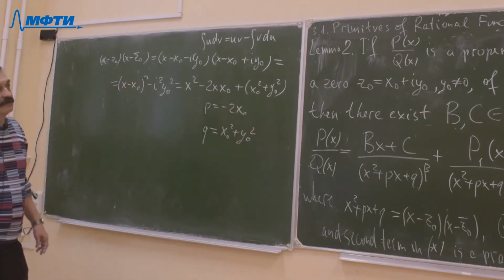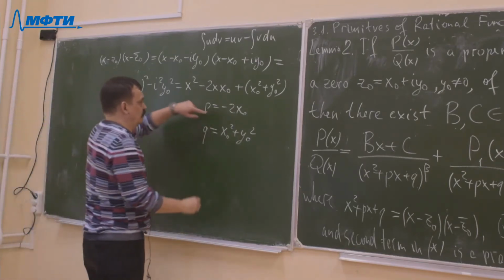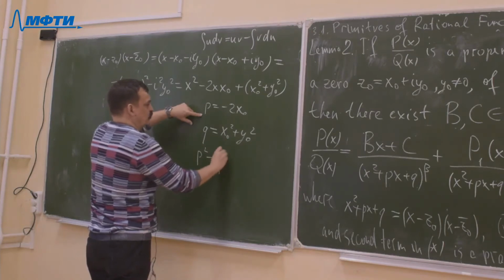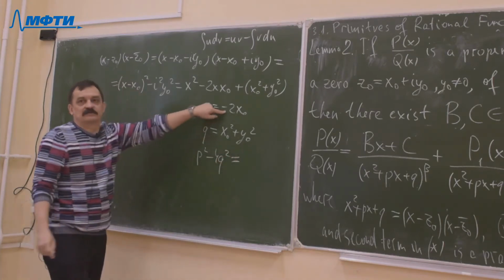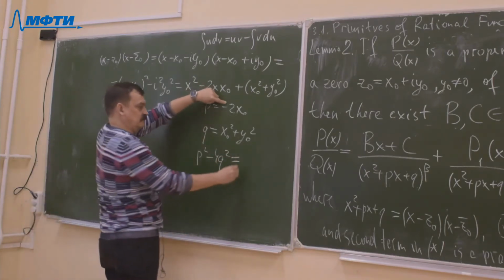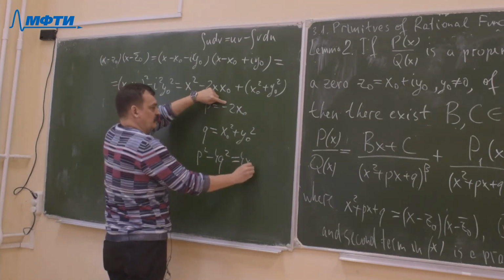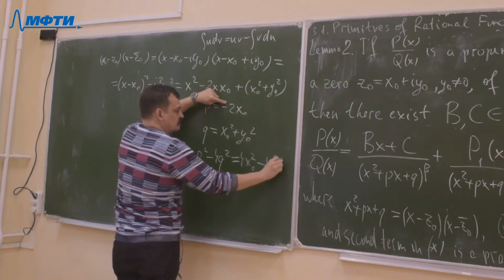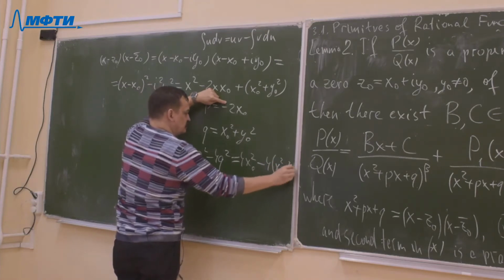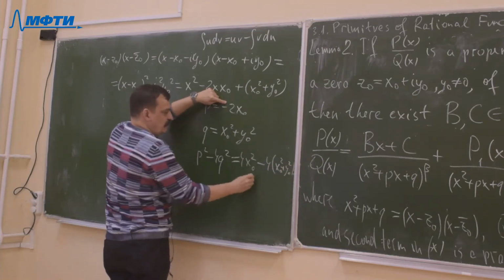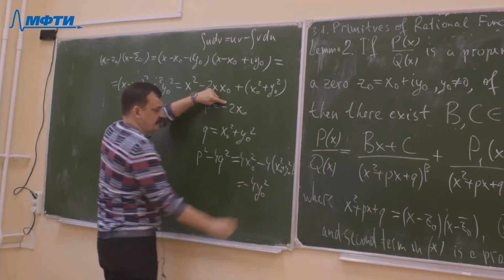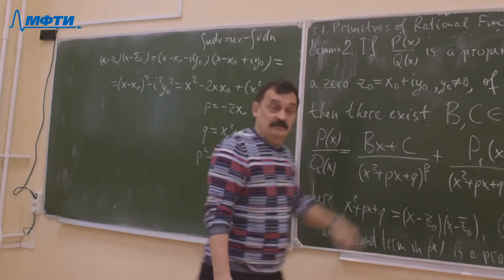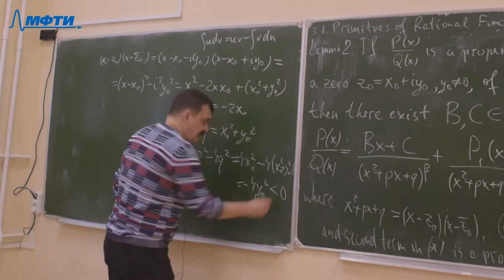By the way, once again, p squared minus 4q, what is it? Here, look, it's 4x naught squared minus 4 times x naught squared plus y naught squared. That is minus 4y naught squared. And since y naught is not 0, then it is negative for sure, right?